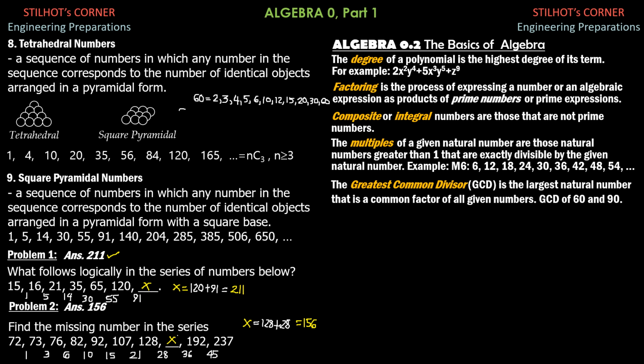While 90 is divisible by 2, 3, 5. It is also divisible by 6. 4? 90 divided by 4 is not. So 6, 10.